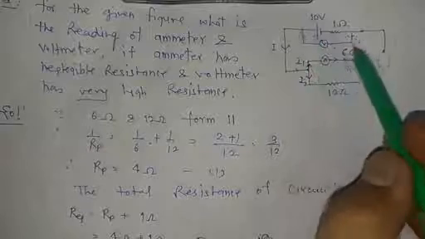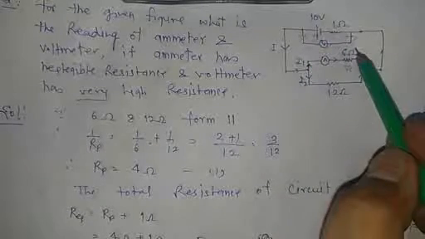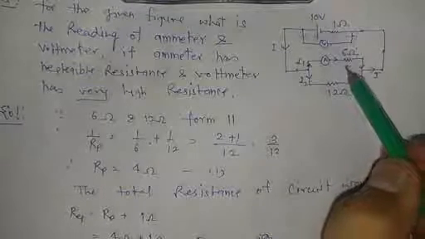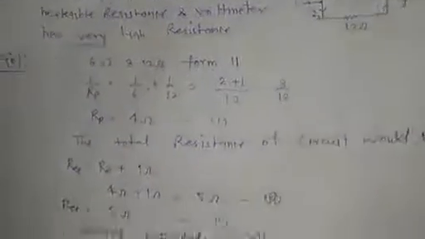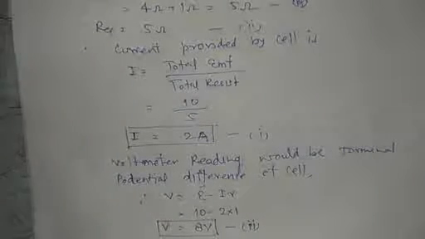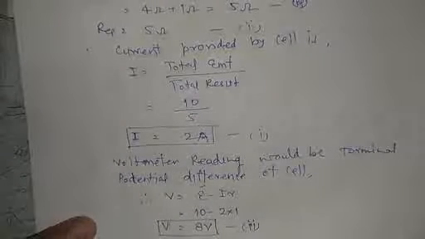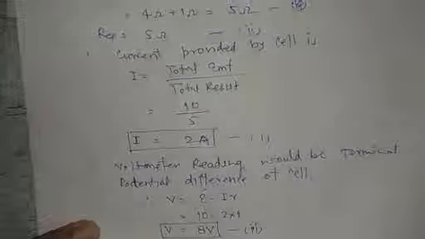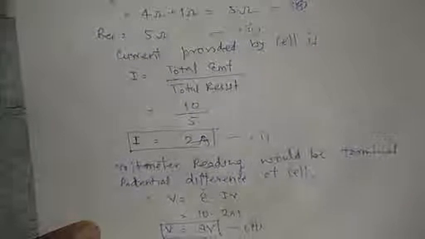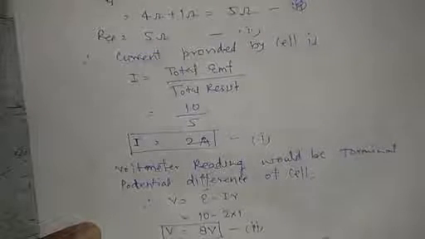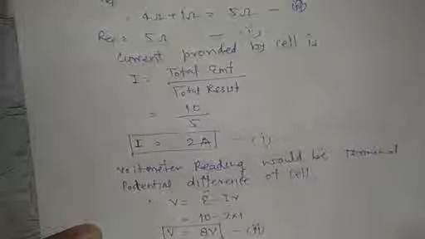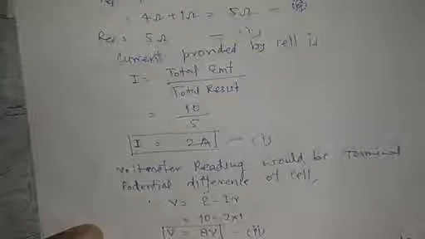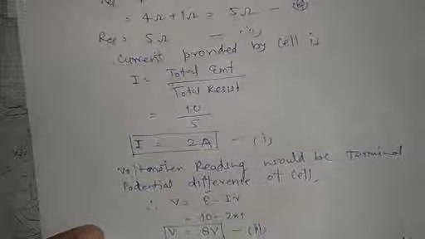So the terminal potential difference of the cell will be the potential difference across the resistances. Since the terminal potential difference of the cell would be the same as the potential difference across 6 ohm.